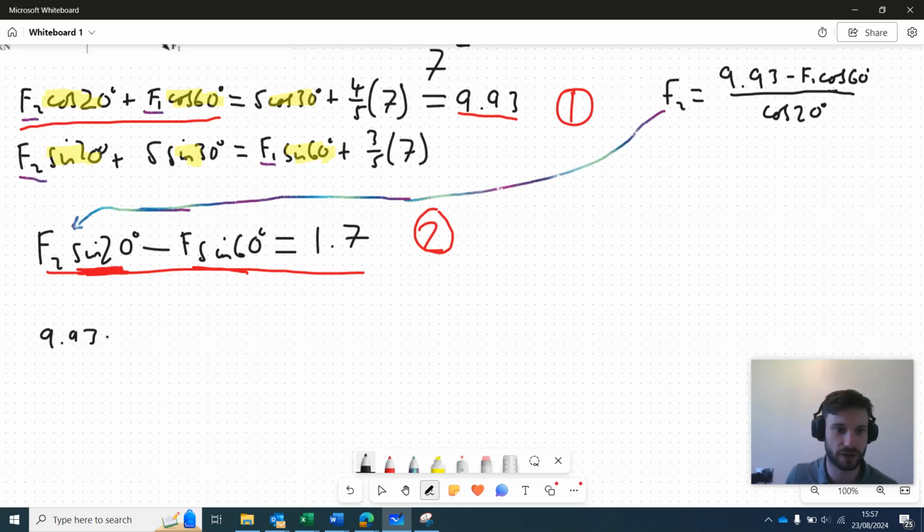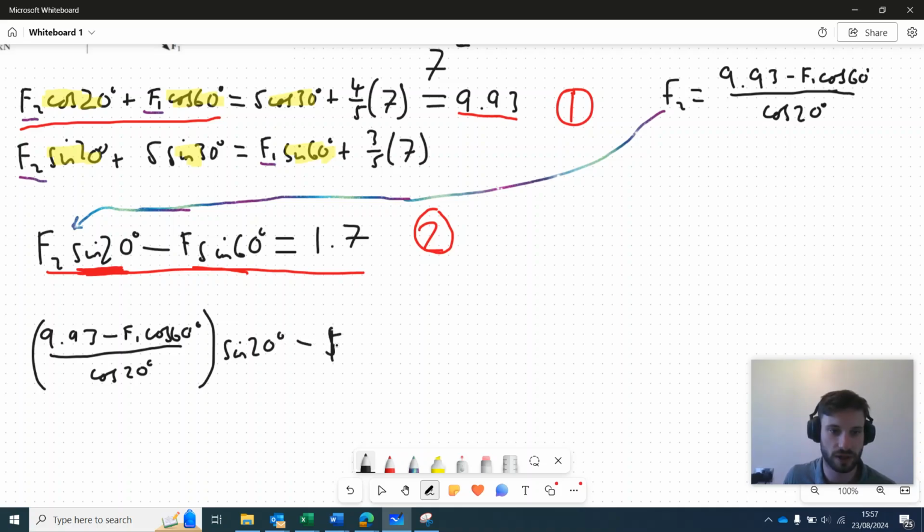So 9.93 minus f1 cos 60 all over cos 20 times sine 20 minus f1 sine 60 is all equal to 1.7. I should have written f1 there, just so I know which one I'm working with. This problem should be solvable now.